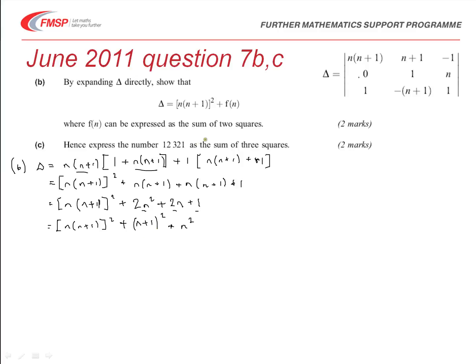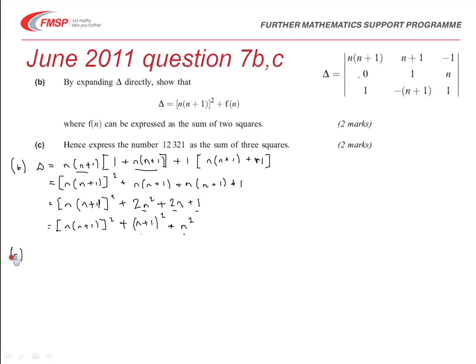And so now we have what we require. We've got n plus 1 squared, and then this function here which is expressed as the sum of 2 square numbers as required.